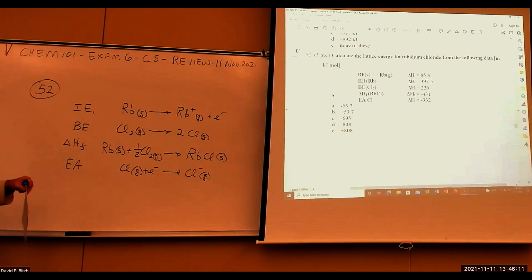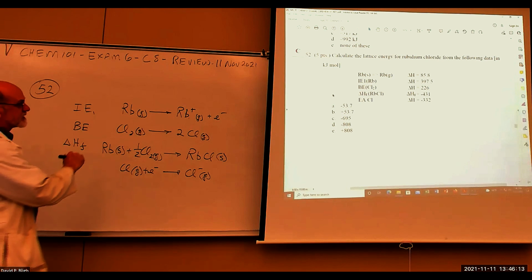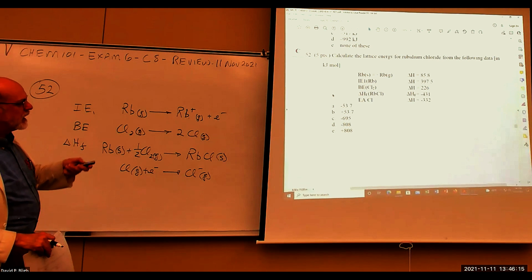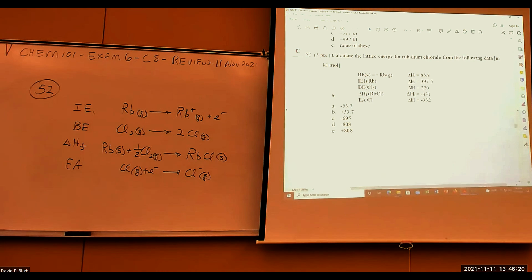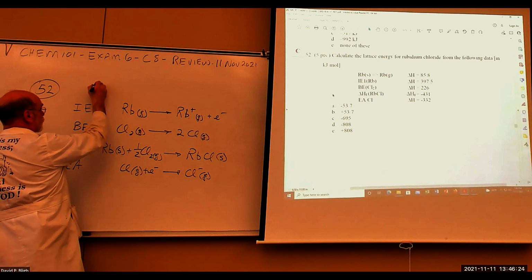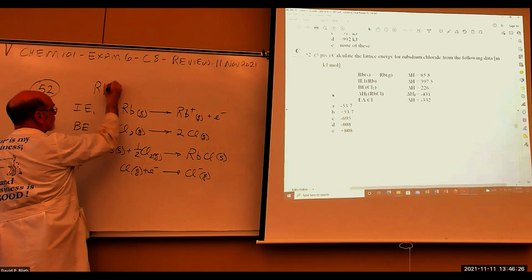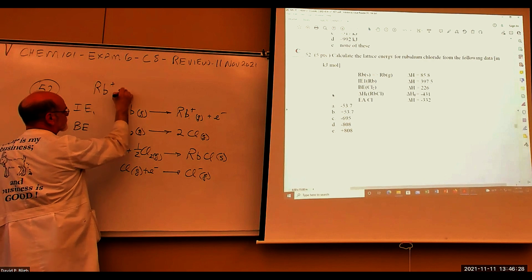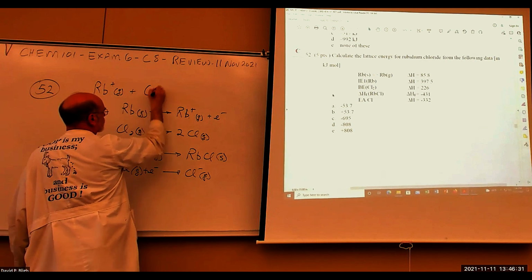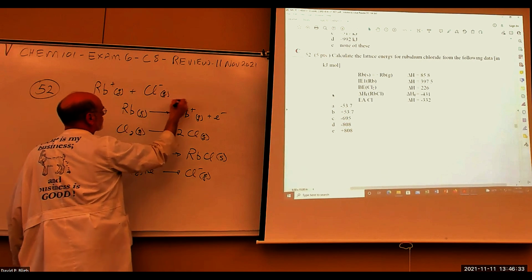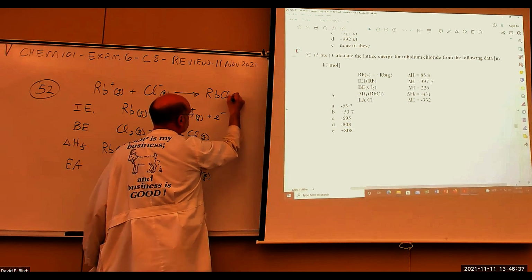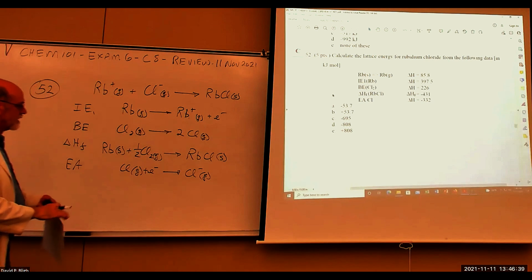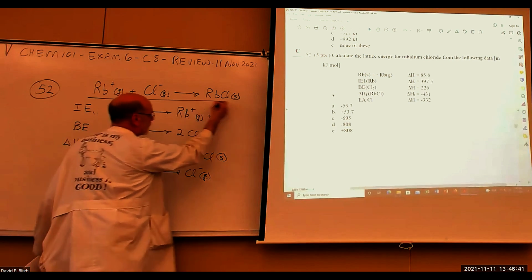All right, what do we mean by lattice energy? Lattice energy for rubidium chloride. Let's see if I'm right. Rubidium, yeah, 1+. The lattice energy for rubidium chloride is calculated as rubidium plus ion gas plus chloride ion gas yields rubidium chloride solid. So that's your target equation.